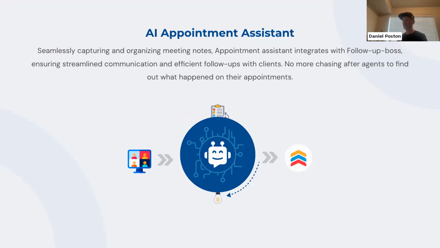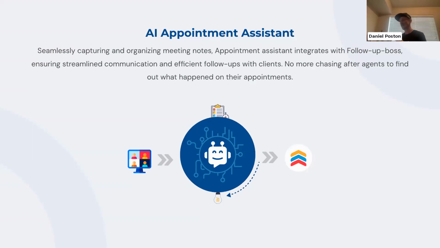When you're calling 100, 200 people every day, setting appointments for an agent, the last thing you want to do, and it's the bane of every ISA's existence, is chase after that agent to figure out what happened on the appointment. So what we're working on is an AI app where the agent, when they get to the appointment, can tell the client, hey, do you mind if my AI assistant takes notes? They turn it on, and the AI assistant listens to the meeting and collects all the necessary data.